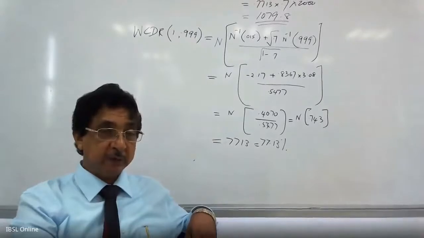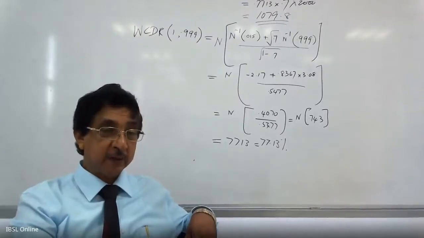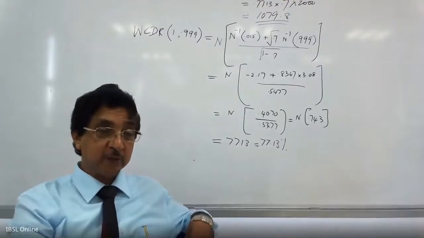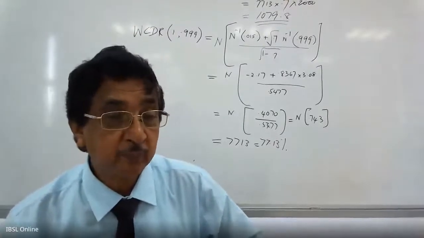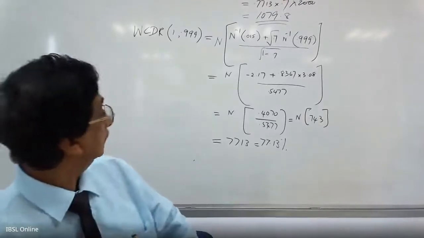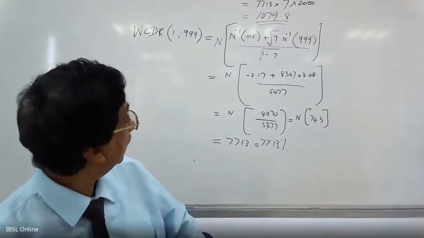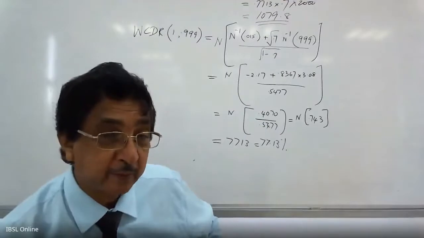Now here, the inverse normal curve of 0.015, then plus the square root of 0.7, that is rho, into inverse normal of 0.999, divided by the square root of 1 minus 0.7. Then we found the values here. The inverse normal curve of 0.015 you get as minus 2.17.